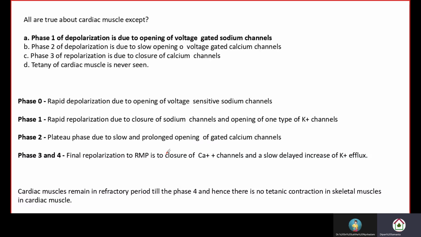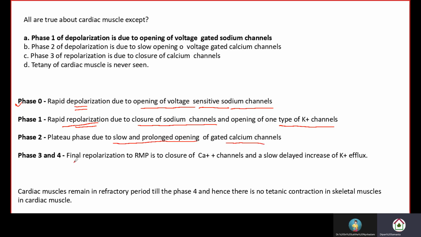sodium channels. So what are the phases of cardiac muscle? Phase 0 is rapid depolarization due to opening of voltage sensitive sodium channels. Phase 1 is rapid repolarization. So first depolarization, then repolarization due to closure of the sodium channels and opening of one type of potassium channels. Phase 2 is plateau phase due to slow and prolonged opening of the gated calcium channels.